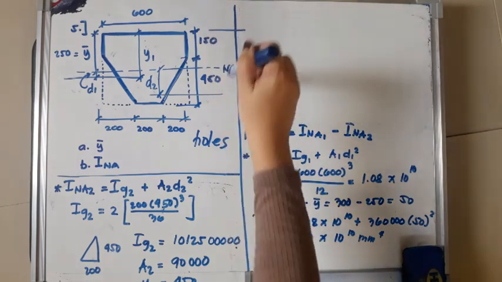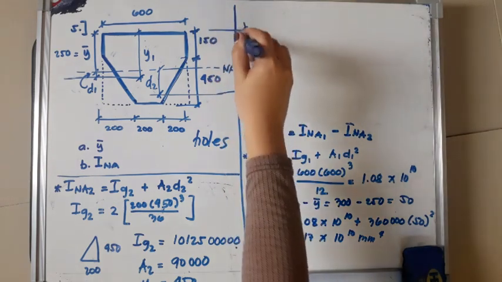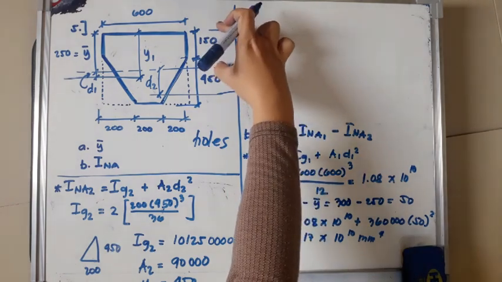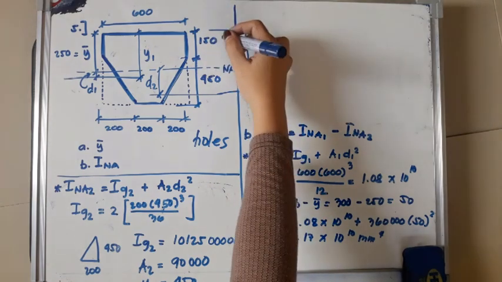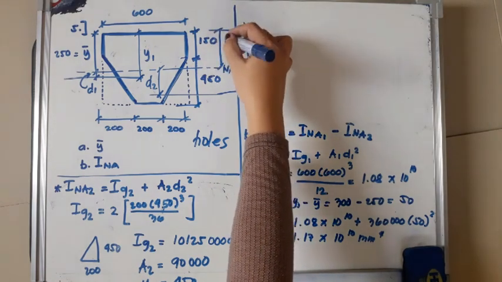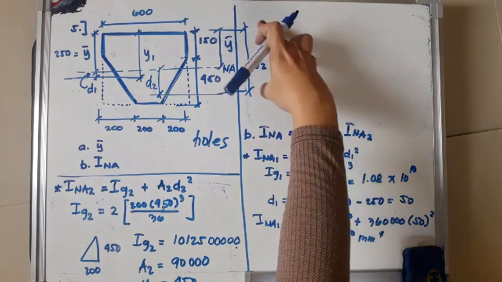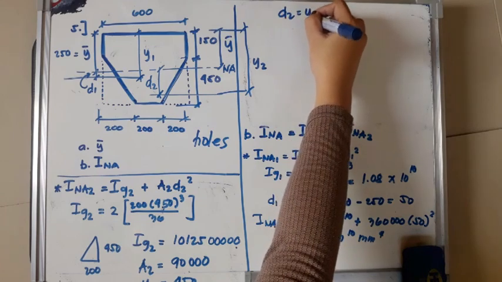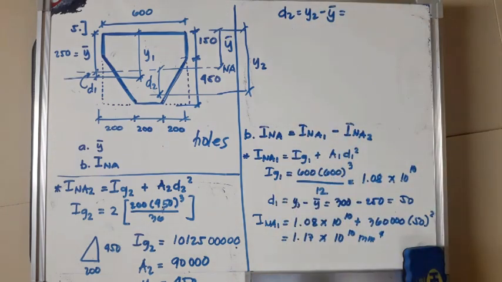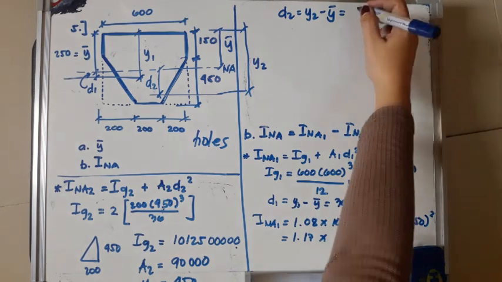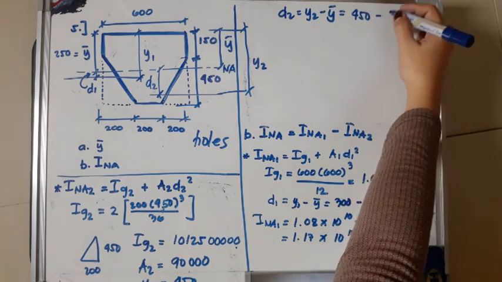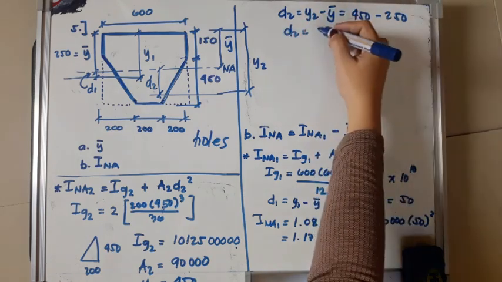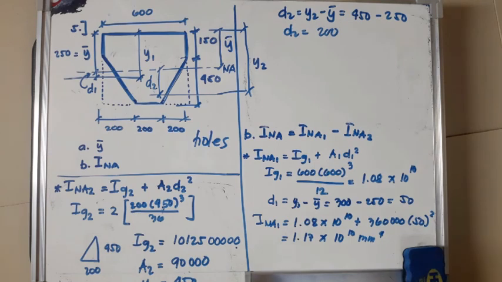This distance here is Y2, and this distance here is bar Y. Therefore, D2 is Y2 minus bar Y. Our Y2 is 450 and bar Y is 250. Okay? So D2 is 200 millimeters.